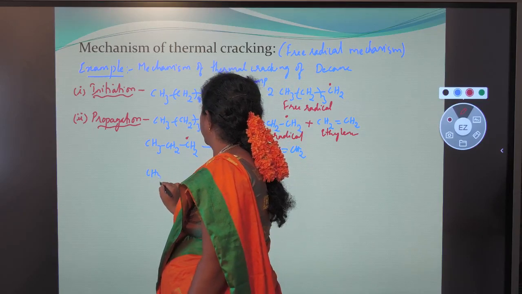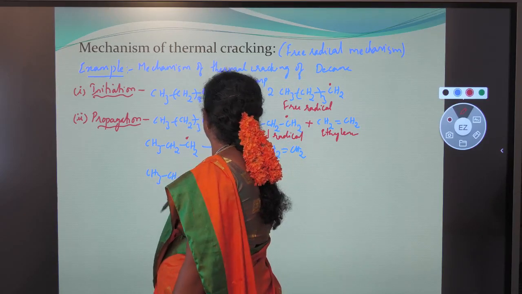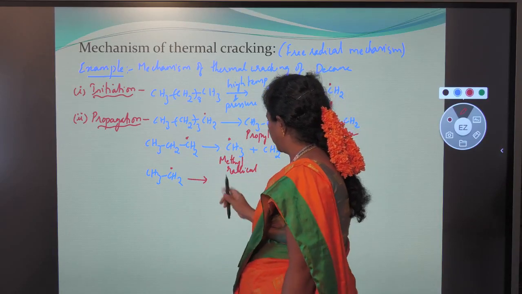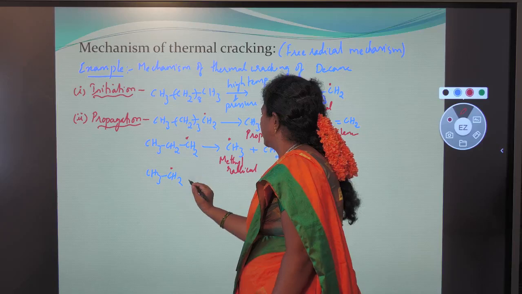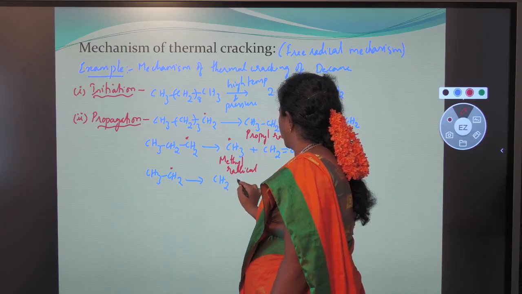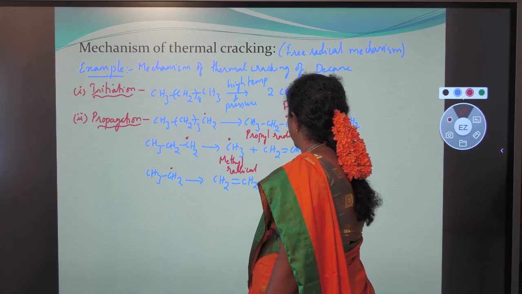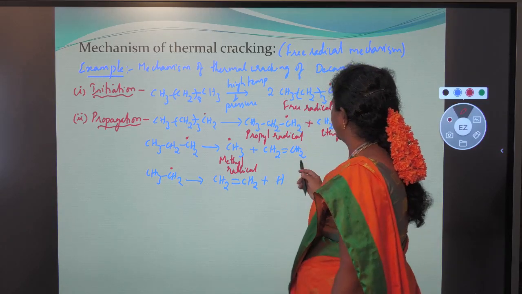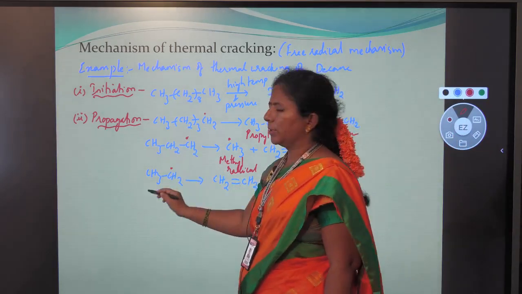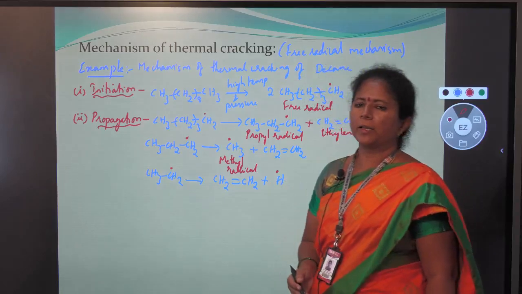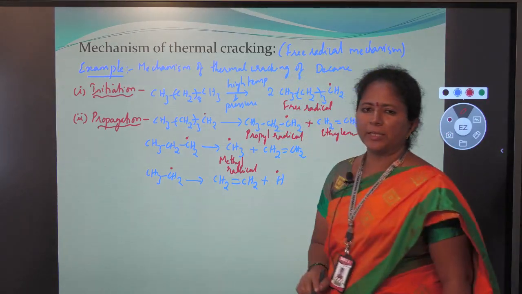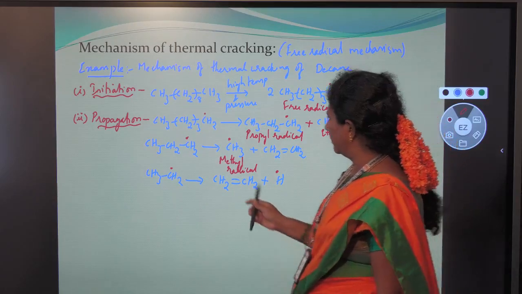Ethyl radical will undergo pyrolysis to form ethylene and hydrogen radical. Pyrolysis may also take place in such a way that methane and ethyl radical are formed, and the ethyl radical formed will undergo pyrolysis to form ethylene and hydrogen radical.